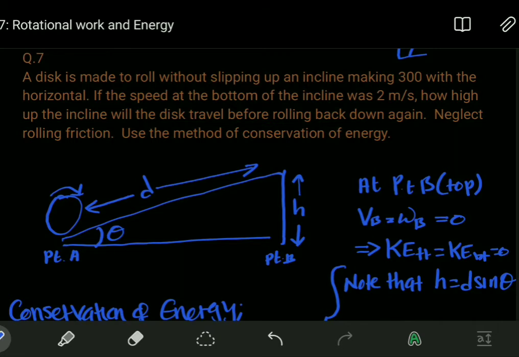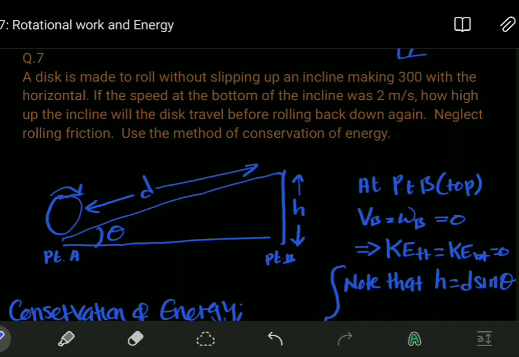Okay, so now as it goes up the incline, when it reaches the maximum height, it's going to attain some potential energy, but at this maximum height it's going to stop. Okay, so just before it starts rolling back down, it will be at rest, so meaning that the total kinetic energies are going to be zero.